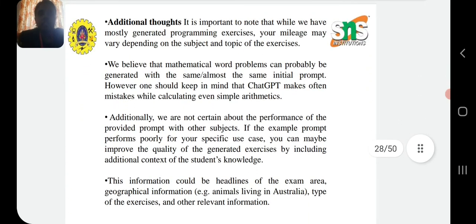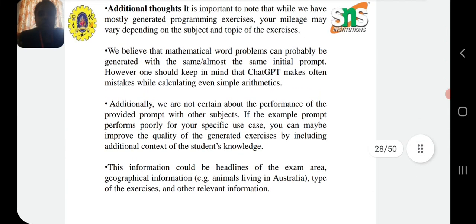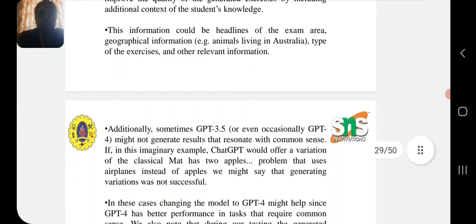Additional thoughts. It is important to note that we have mostly generated programming exercises, so your mileage may vary depending on the subject and topic of the exercise. We believe that mathematical word problems can probably be generated with at most the same initial prompt. However, one should keep in mind that ChatGPT often makes mistakes while calculating even simple arithmetic.